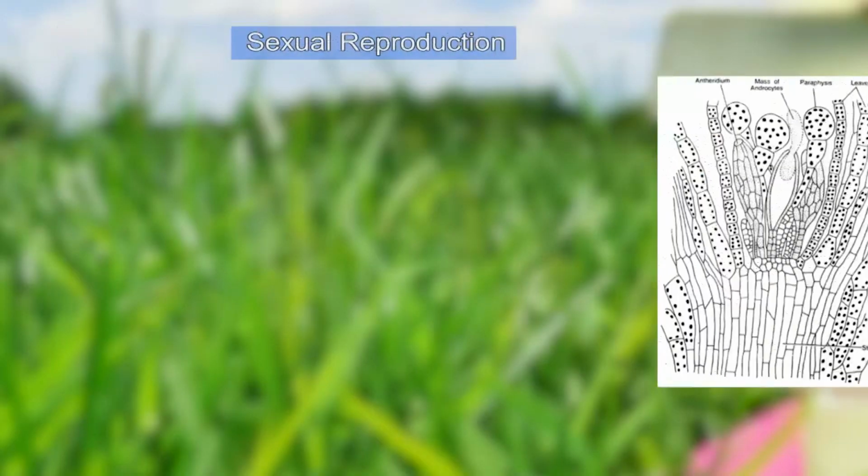Funaria reproduces through different means of vegetative reproduction. One of the most common means of vegetative reproduction is the production of protonema. The protonema, which develops from the rhizoids, helps in the generation of new gametophytic structures of Funaria. Now let's come to the other type of reproduction, that is the sexual reproduction.